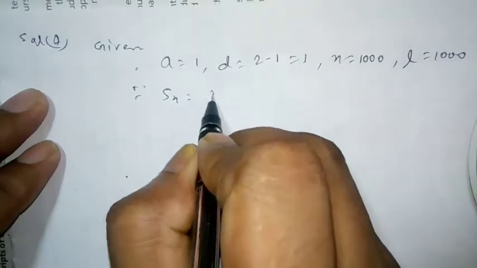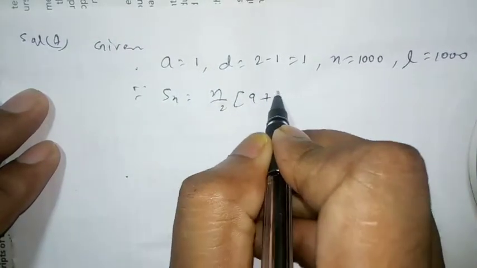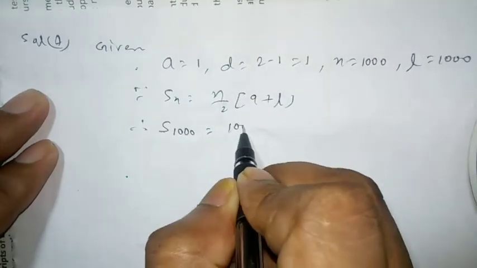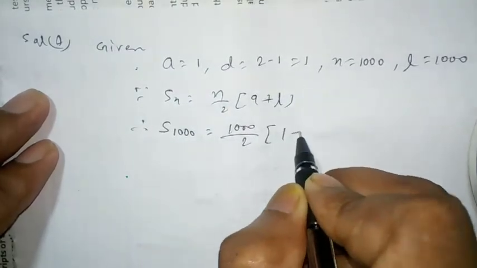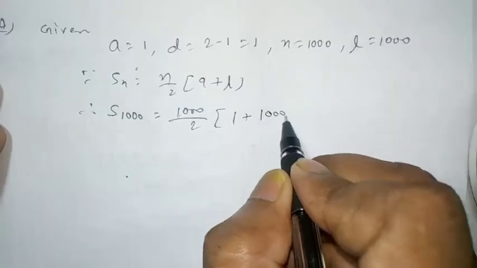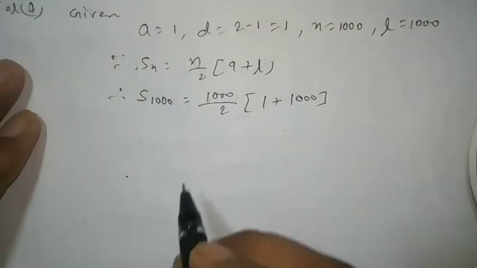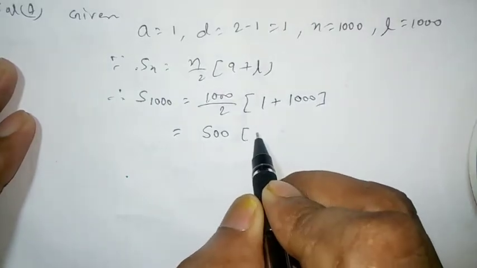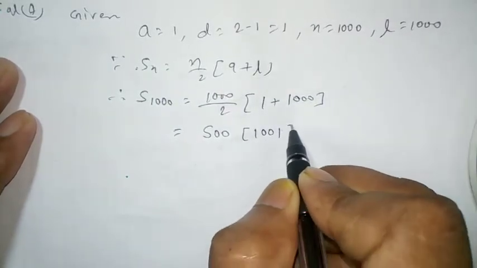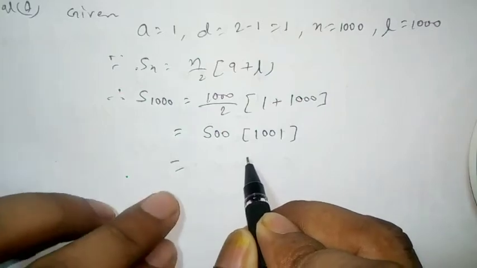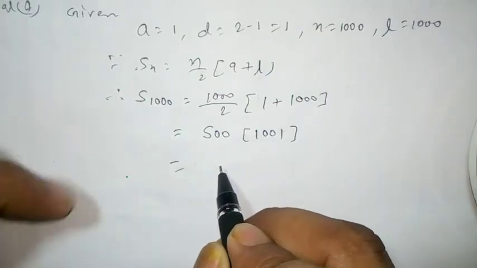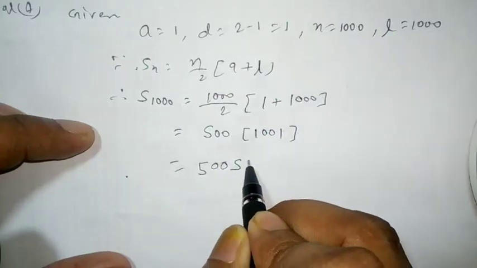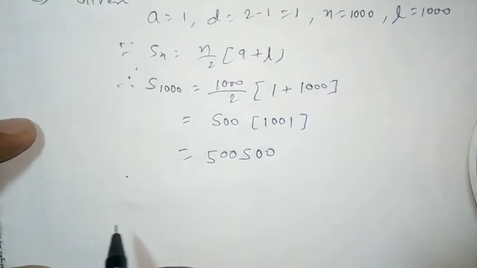Because Sn is equal to n by 2 into (a plus l), therefore S1000 is equal to 1000 by 2 into (1 plus 1000), is equal to 1000 divided by 2, then we get 500, and this is 1001. We multiply 500 by 1001, then we get 500,500.